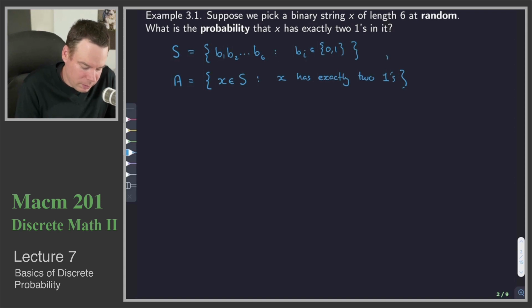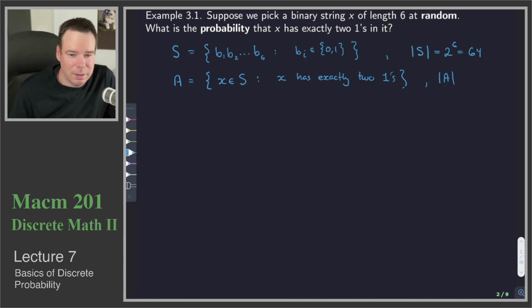We know the size of each of these sets. We know that the set of all binary strings of length 6 has size 2 to the power of 6, or 64.